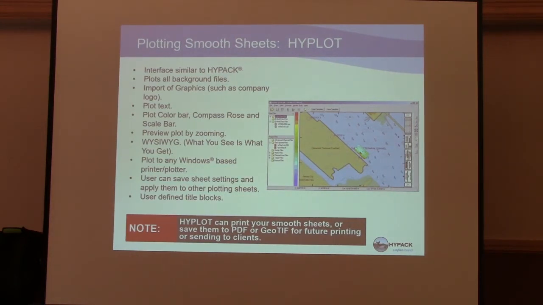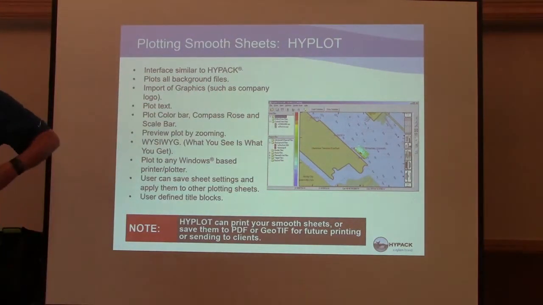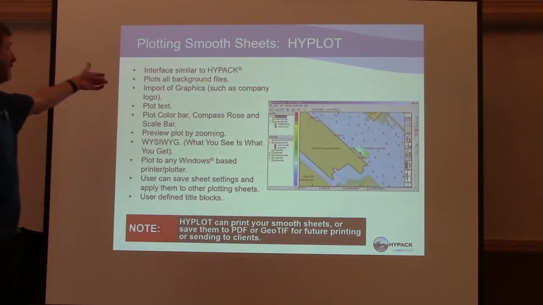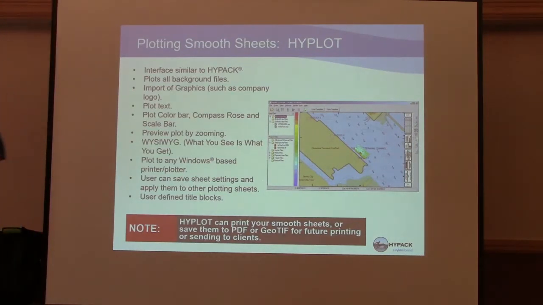It has a lot of cool options. Some of the sheets come out really nice. The interface is very similar to the main HYPACK shell. And again, the reason for us to migrate into the shell is just the redundancy of the program. Plus all the background files that you use in HYPACK: TIFF files, ENC charts, DXF, DGN, MrSID files, JPEG 2000.